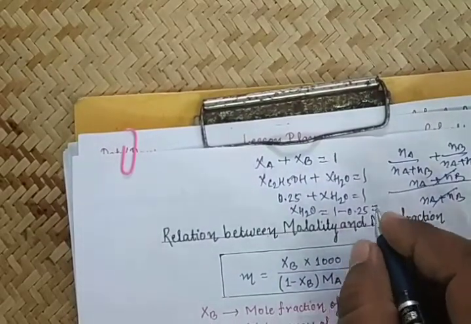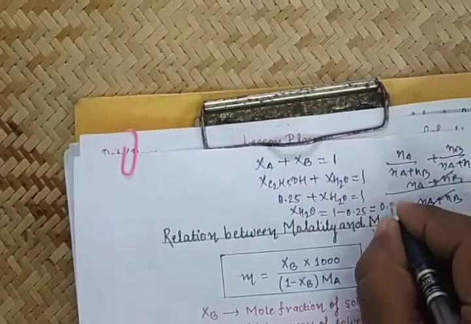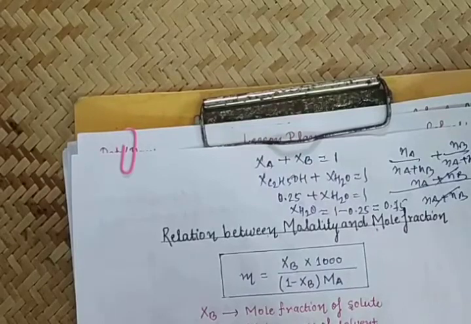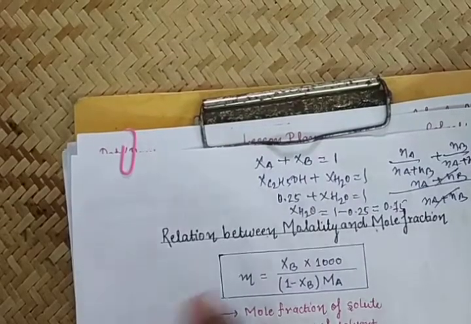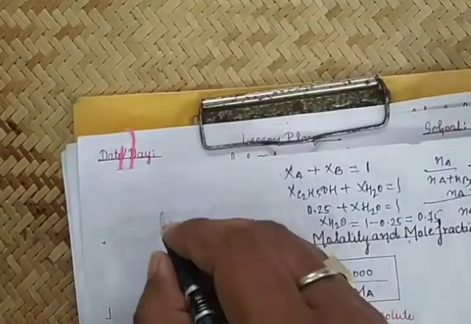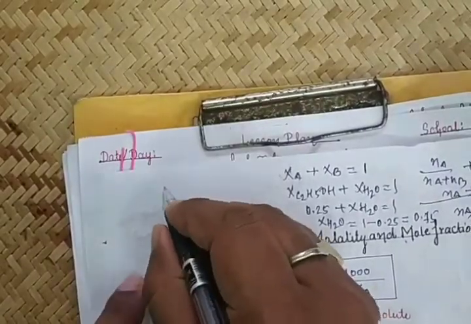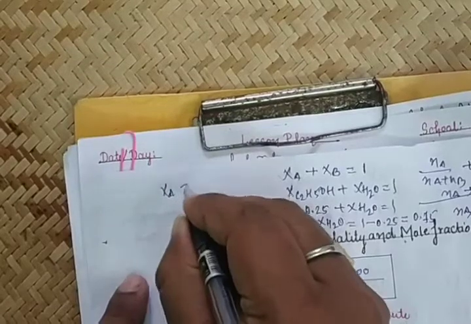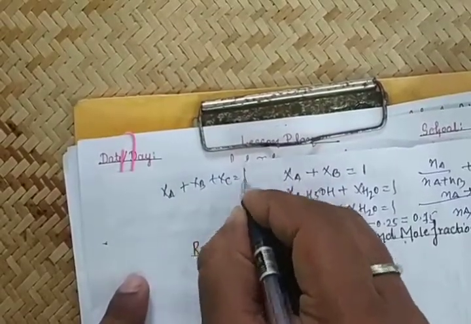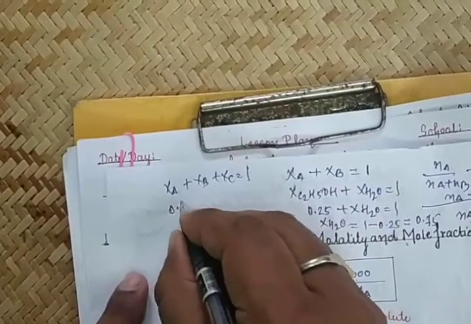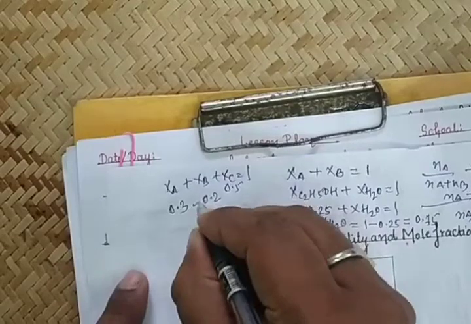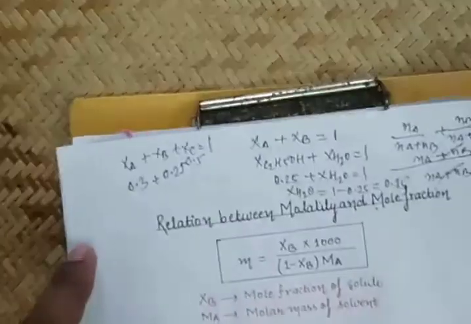So 1 minus 0.25 is 0.75. So in a mole fraction question, the values always add up to 1 for one solute and one solvent. Suppose there is a trinary solution: zeta A plus zeta B plus zeta C is also equal to 1. Suppose you have 0.3 and 0.5, then definitely the answer is 0.2. The total is equal to 1.